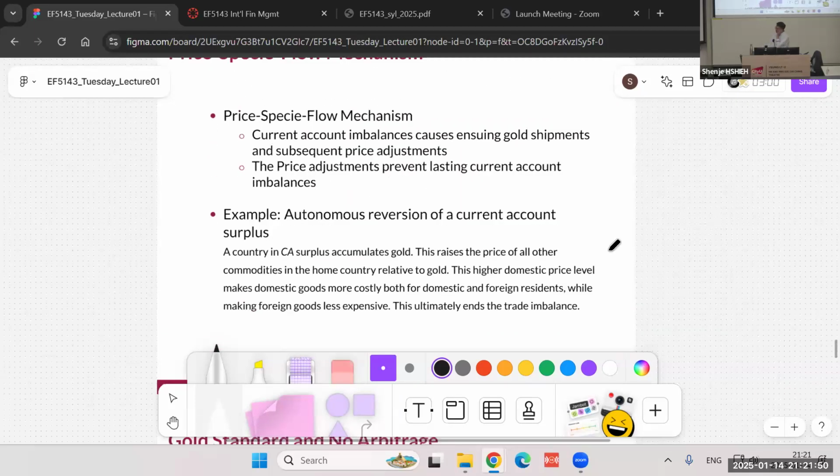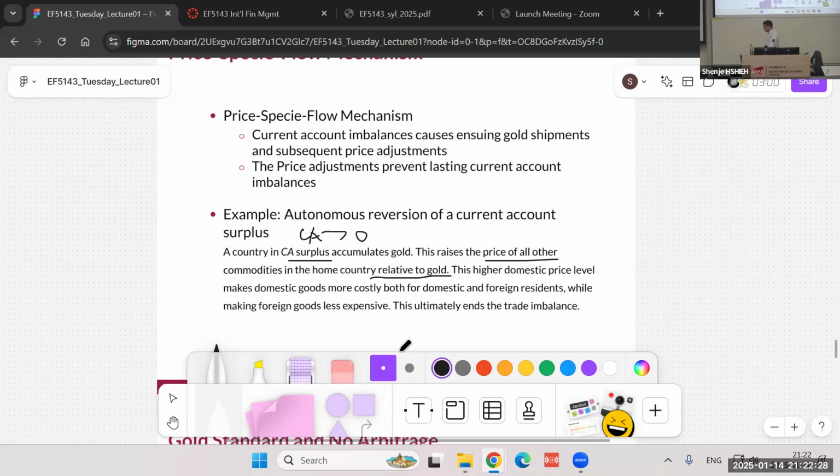So continuing off that example, suppose the country now has a surplus. So CA is positive. And we learned that when the export is positive, there's going to be an import of gold, which creates inflation. That means domestic price levels, assuming it's beyond just apples, okay? So they bring in gold, they're going to buy other stuff too, right? So overall price levels are going to increase. So the price of all other commodities in the whole country is going to increase relative to gold.